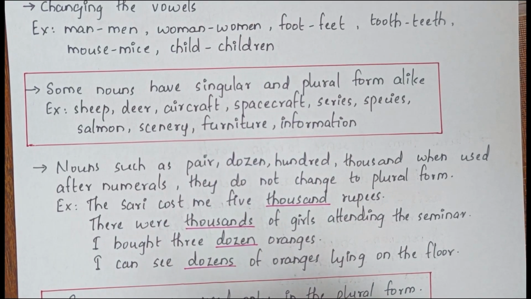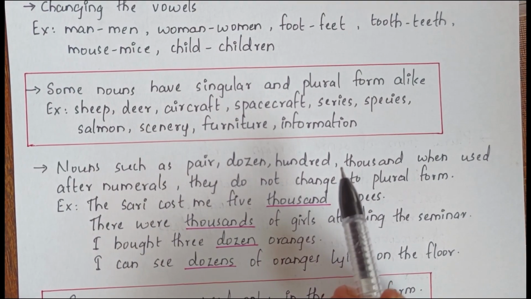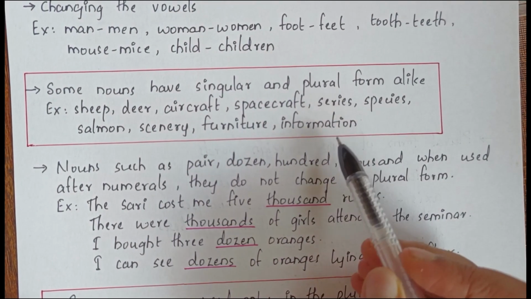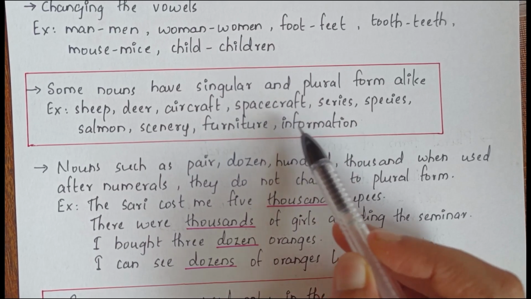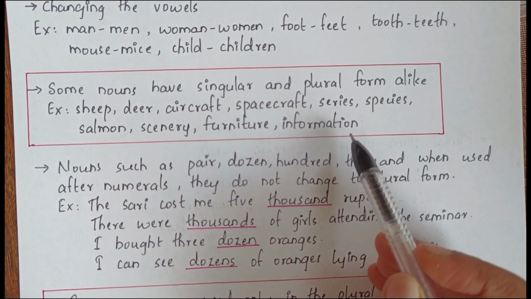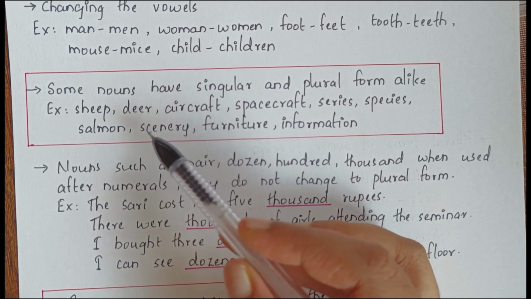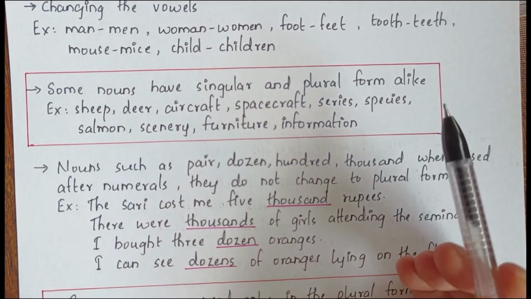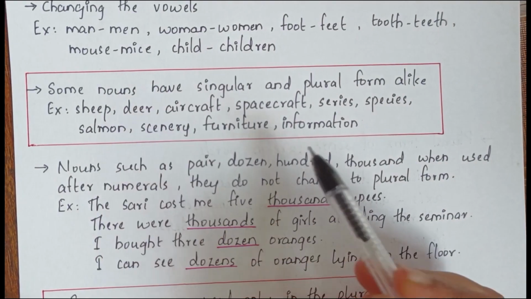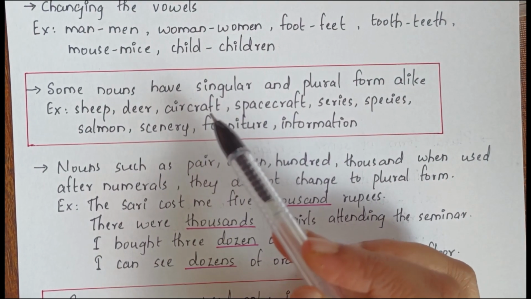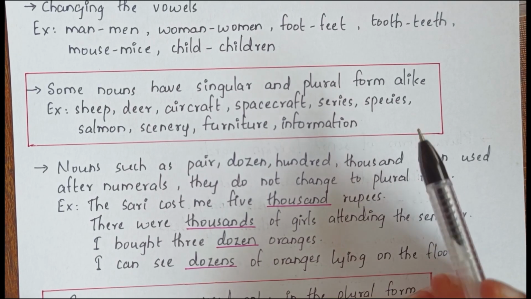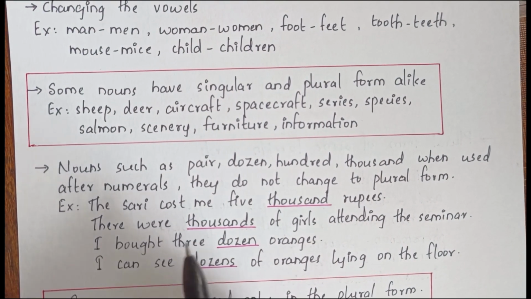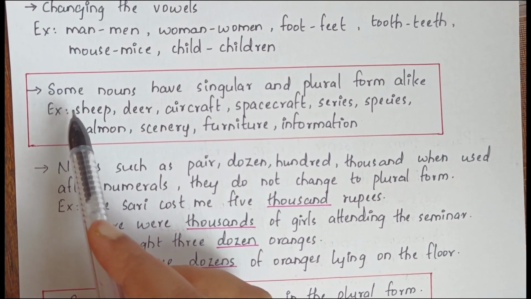I have seen spot the error questions with words like information. You can easily spot the error, as informations is the wrong word and information is the correct word. Similarly, furniture, scenery and the rest: you should not add s or replace y with ies, because their singular and plural forms are the same. So you should use the same word for both cases. Most of these grammar rules, you need to be familiar with through the examples.